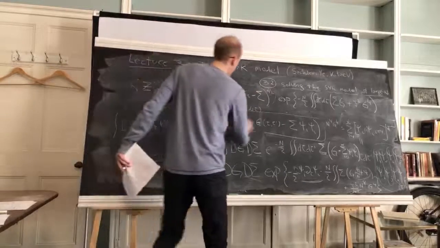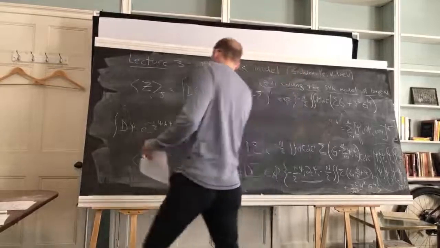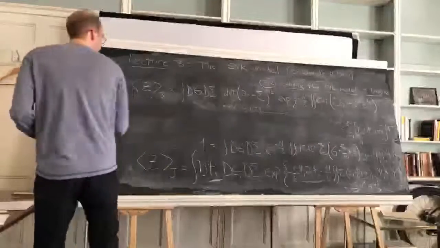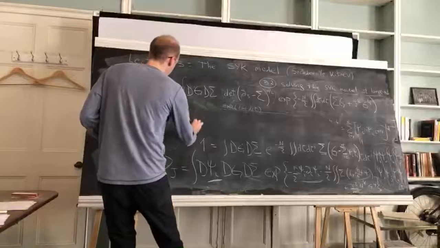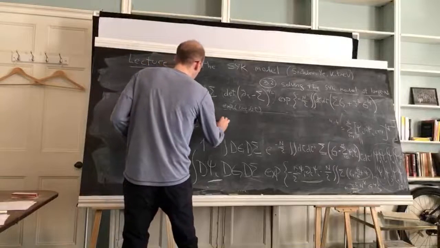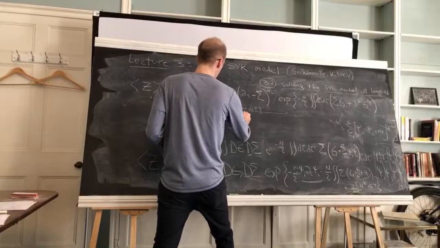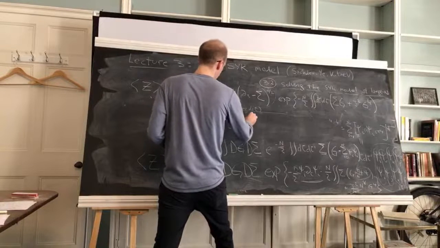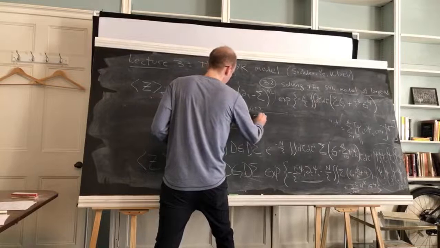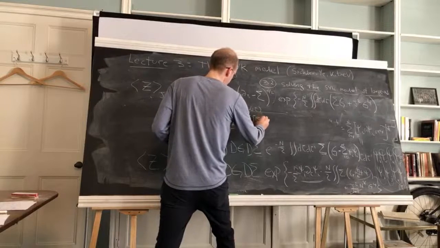And so what I end up having is this very nice expression that is a path integral over g and a path integral over sigma of e to the minus n over 2, I think, and an action of g and sigma.